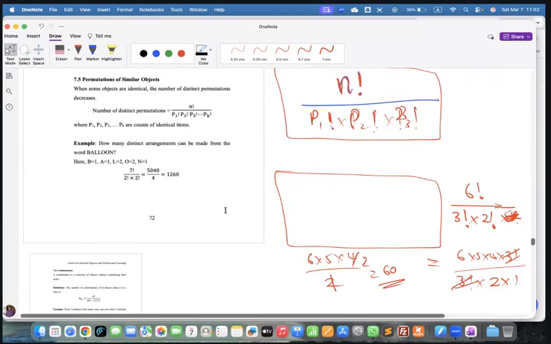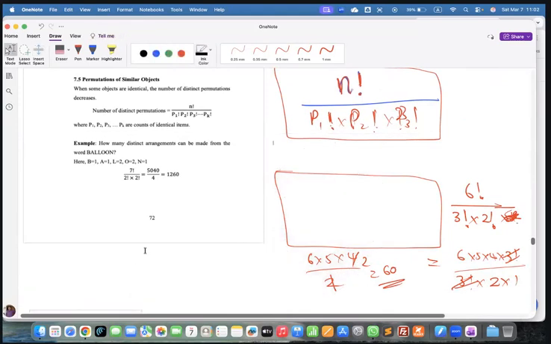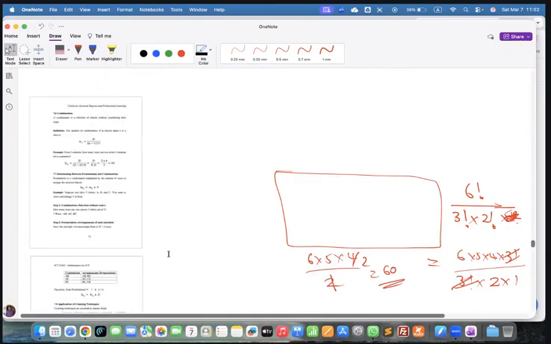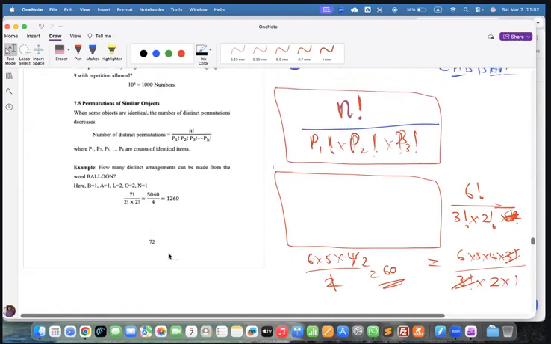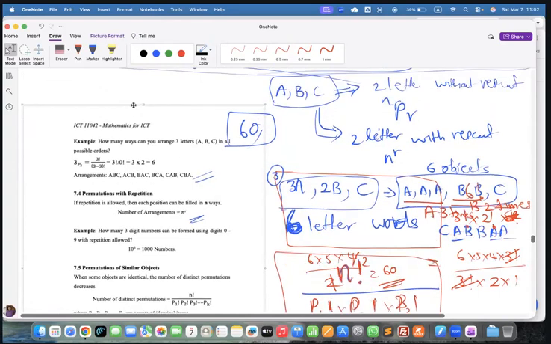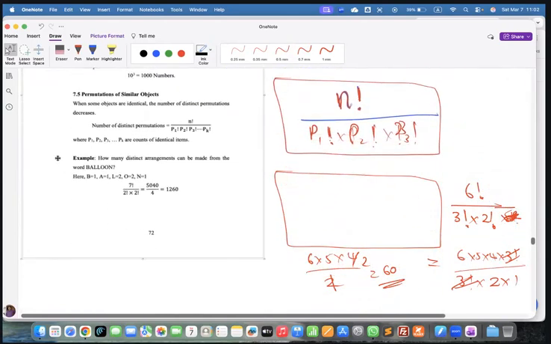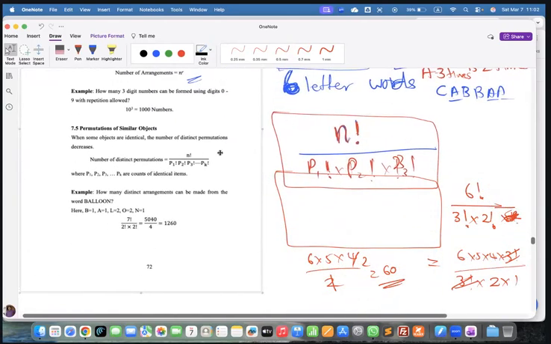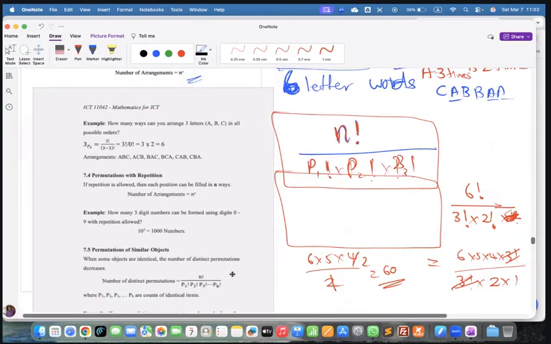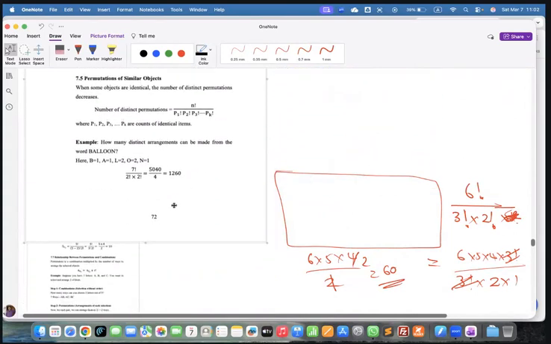This is the third type. Did you understand or not? Now I will explain with an example, then you can easily understand, right? This type of question is asked in different ways. They are not telling you like these 3 A's, 2 B's, likewise, right?